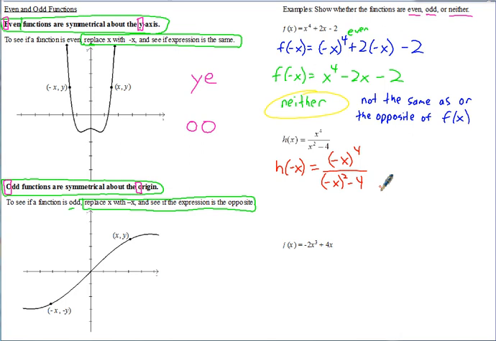So if we simplify that, well, negative 1 to the fourth, that's an even exponent again, so that's just x to the fourth. Negative 1 squared, another even exponent, so that's just x squared minus 4. If you look back at the original one here, you can see it's exactly the same. So it's the same as the original, remember that's even. That's the y-axis. So this one is even.